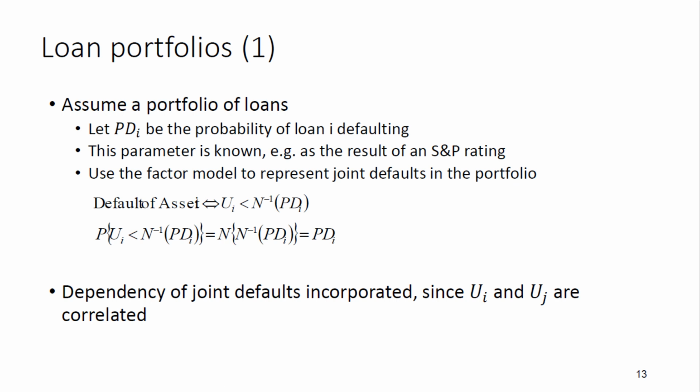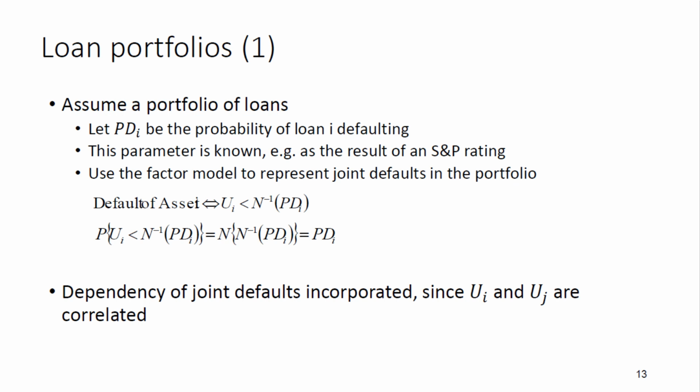Then, because UI is a standardized normal variable, we know that with a PD of I, we could say that a default of asset I is the same as this standard normal variable, the total uncertainty for asset I, denoted with UI, dropping below the normal inverse evaluated at PDI.